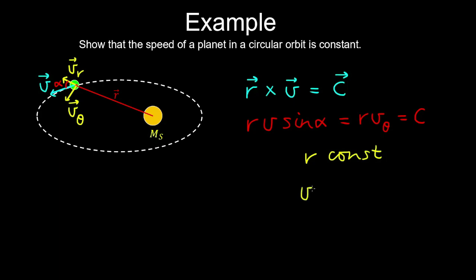So we get the magnitude of velocity in the theta direction, or the speed, is c on r, which is thereby constant. So noting for a circular orbit, there's no velocity in the radial direction. The velocity in the theta direction is always tangent to the path.